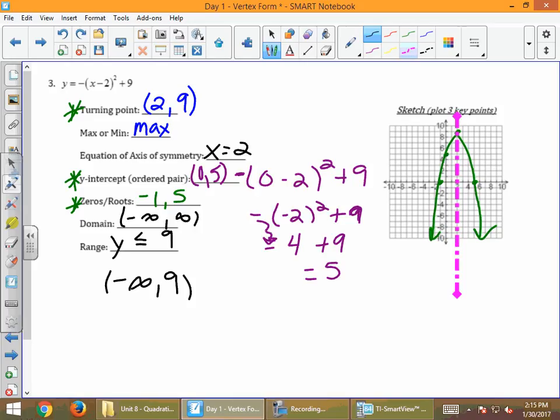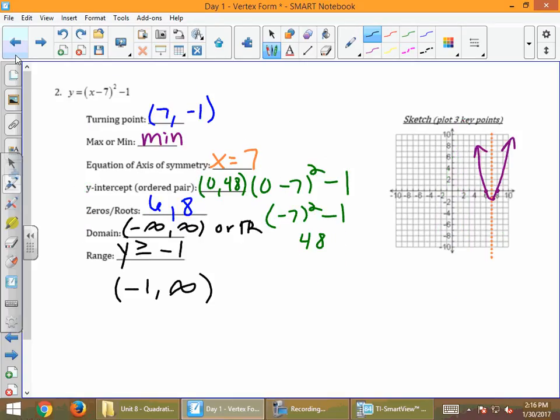Okay, is anyone noticing kind of a shortcut with the range? What was the last y value our graph touched in the range on this one? 9. What's the y value of your turning point? 9. What was the y value in our range on the last one? What's the y value of our turning point? Negative 1.